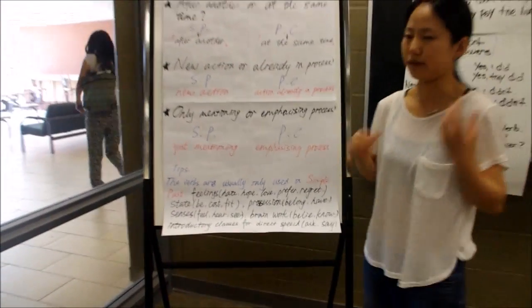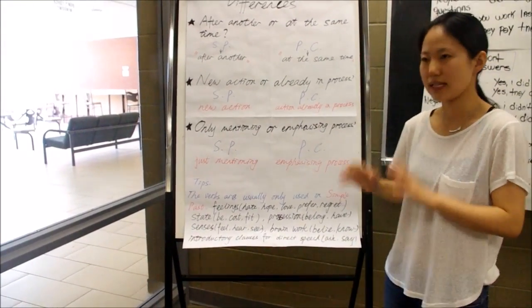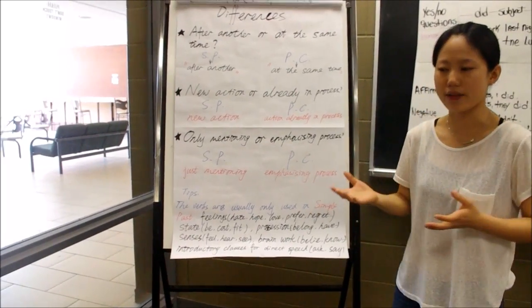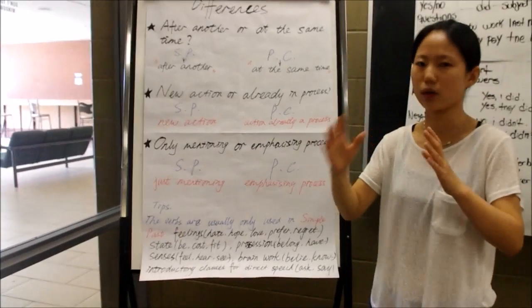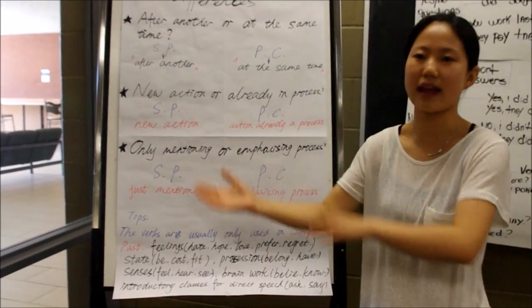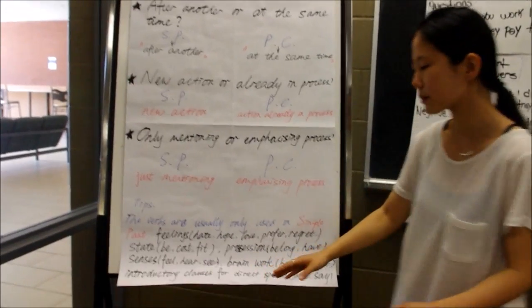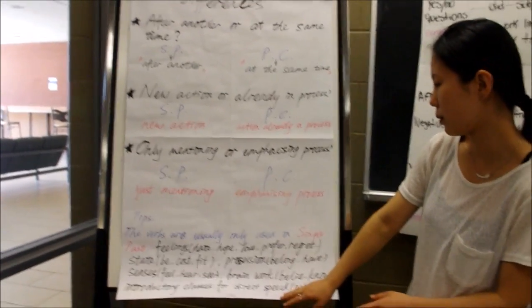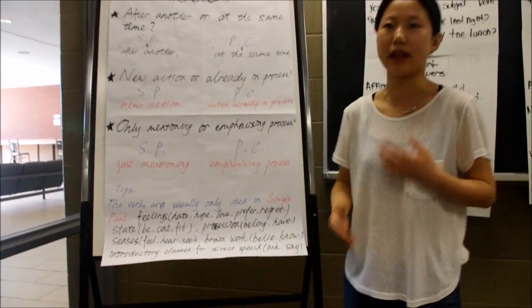The fourth one is sense: feel, touch, hear, see. That kind of action happens in that moment. We can't continue that. Another one is brain work, like believe, like know.